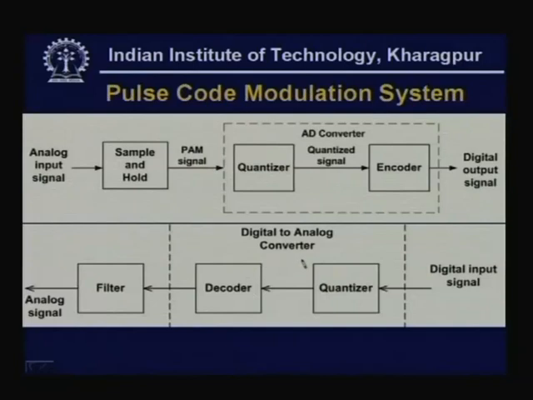The reverse process is first done with the help of a digital to analog converter or DA converter, and the DA converter will generate an analog signal which has to be filtered. You see, earlier after PAM we got the quantized values, that has to be smoothed with the help of a filter, and we shall get the analog signal recovered from the system.